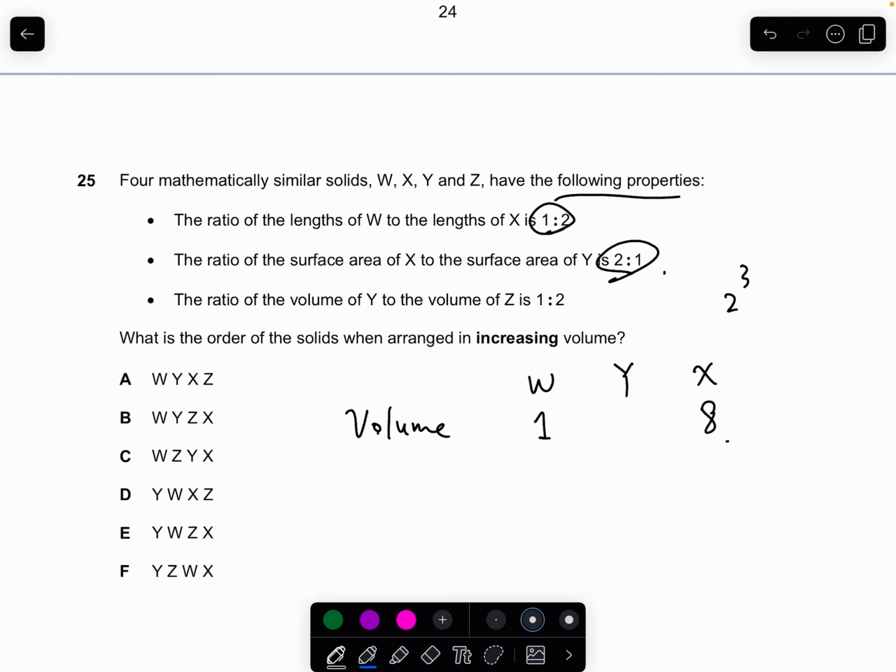So Y would be the surface area of this is 62, and okay, and cube would be, yes.